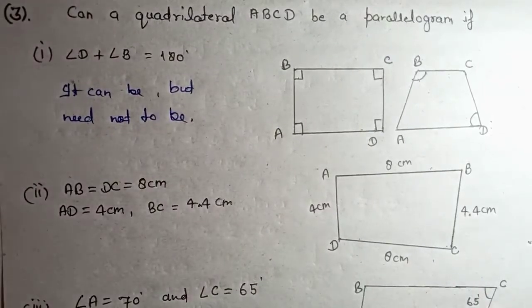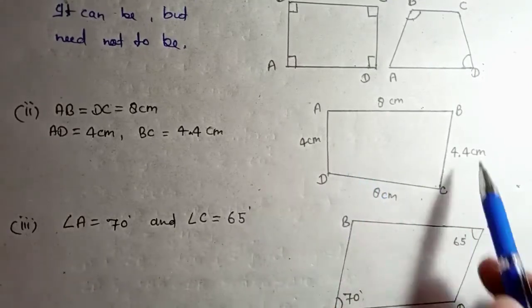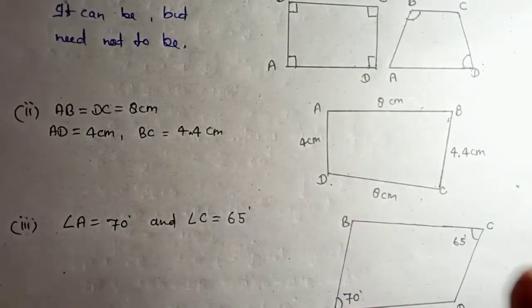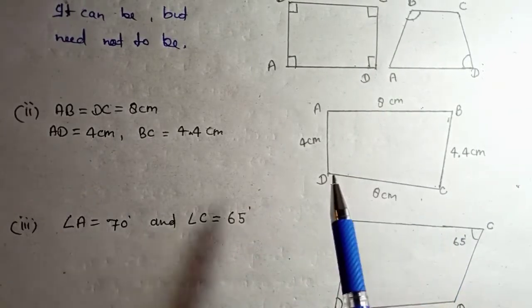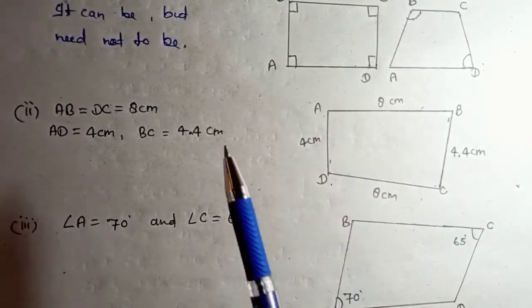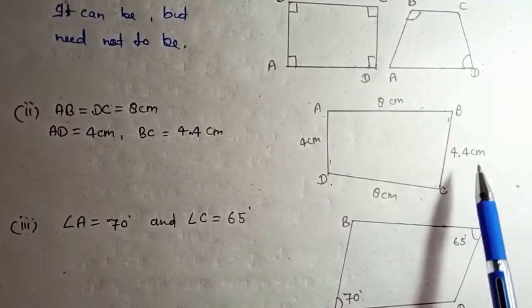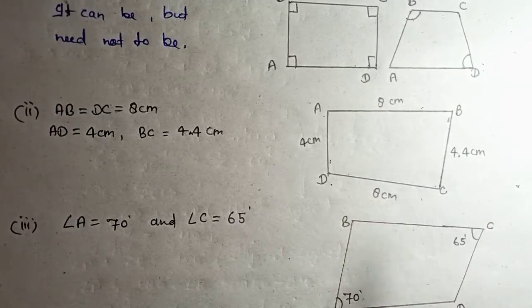Now we have another question, question number 2. In this quadrilateral, AB is equal to DC, means AB is 8 centimeter and DC is 8 centimeter, and you can see AD is equal to 4 centimeter and BC is equal to 4.4 centimeter, and we have to check, can a quadrilateral ABCD be a parallelogram?